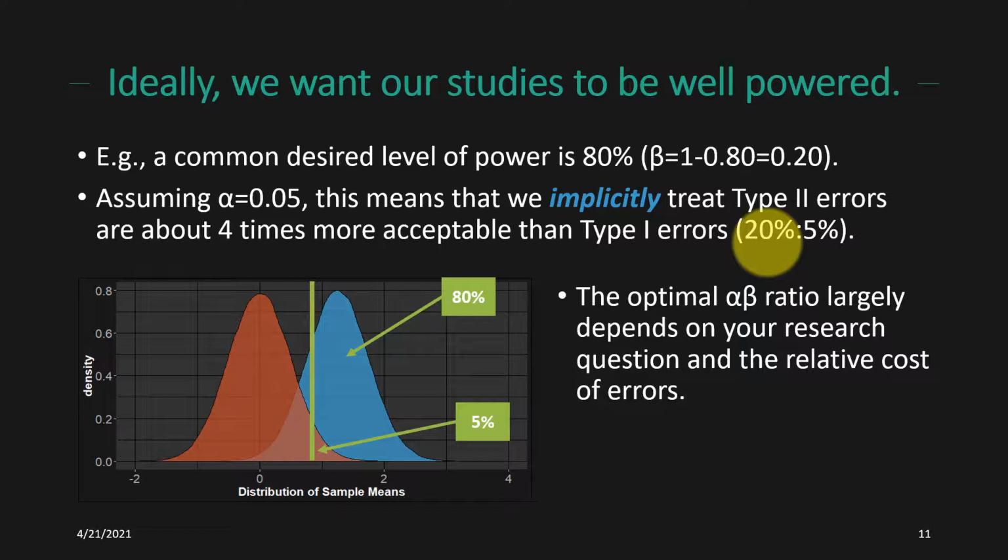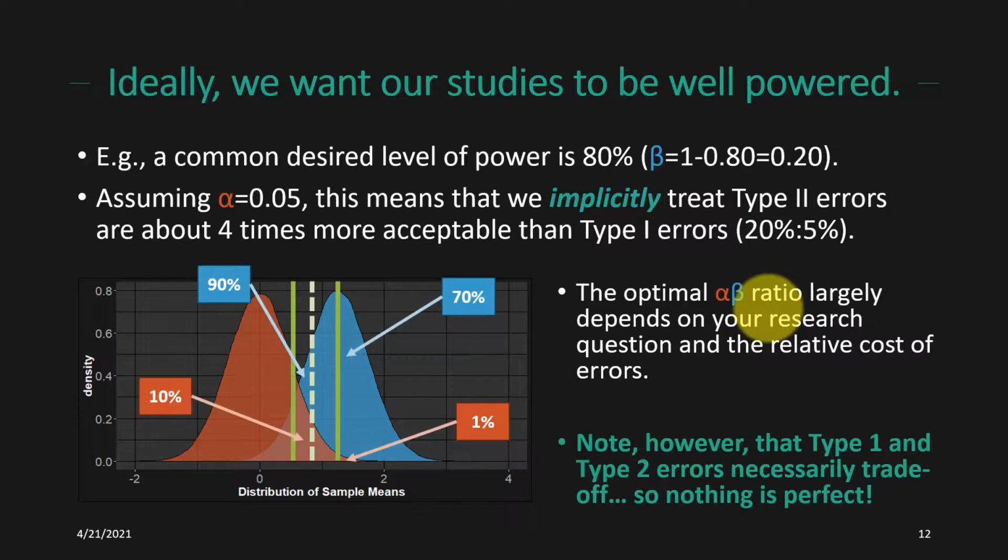In other situations, there's a trade-off in the other direction, and you really want to decrease your alpha level because the cost of a false positive is even greater than the conventional 5% level. So the optimal balance between these two is difficult to determine, and many people will have different opinions on this. But the thing that everyone agrees on, and is important to remember, is that these two things trade off. Our alpha level and our beta level are going to trade off.